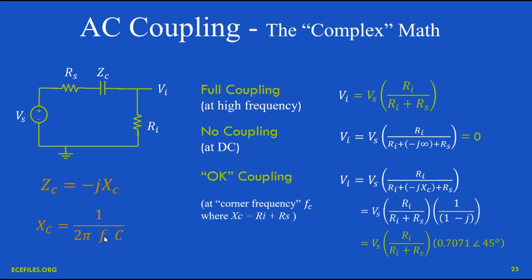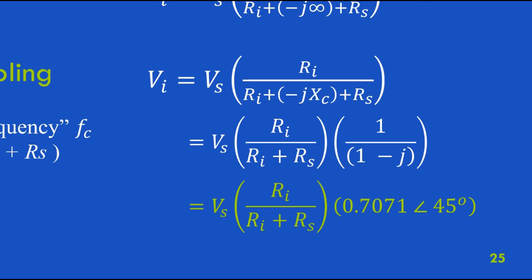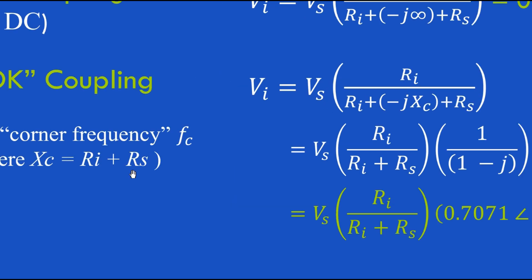But I'm going to assume we plug in a very special frequency called the corner frequency, which is the frequency f, where X sub C equals, in this case, Ri plus Rs. When we do that, here's how it plays out. The voltage division is now Ri over the sum Ri plus Z sub C, which I have written this way, plus R sub s.